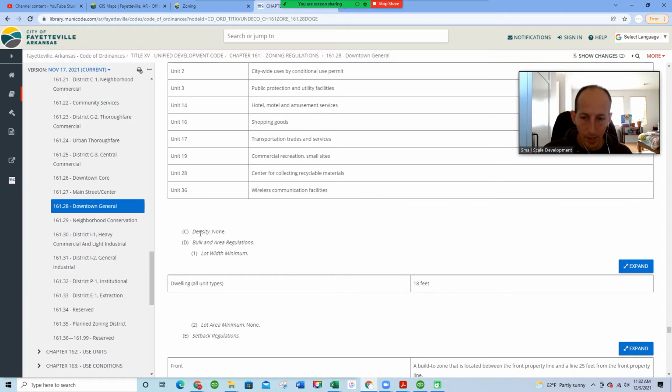So density. In a lot of cities, you may be familiar with something called RSF4 or something like that, residential single family 4 units per acre, or RMF 24, residential multifamily 24 units per acre. So hopefully that's somewhat explanatory to you.